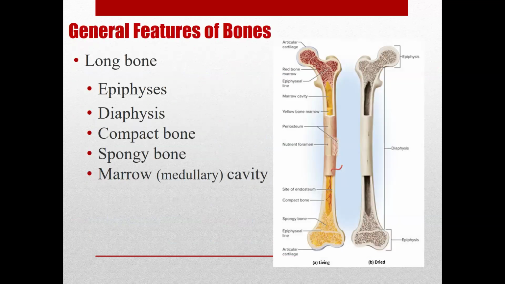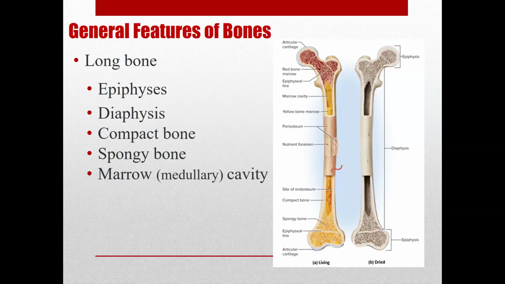Okay, so here's our typical long bone, guys. Look at where that red bone marrow is. At the epiphysis on both ends, top and bottom. It just seems to be more present at the top, the proximal edge of the bone, I will say. But you've got red bone marrow at both edges. You've got spongy bone at both edges, which is the epiphysis.